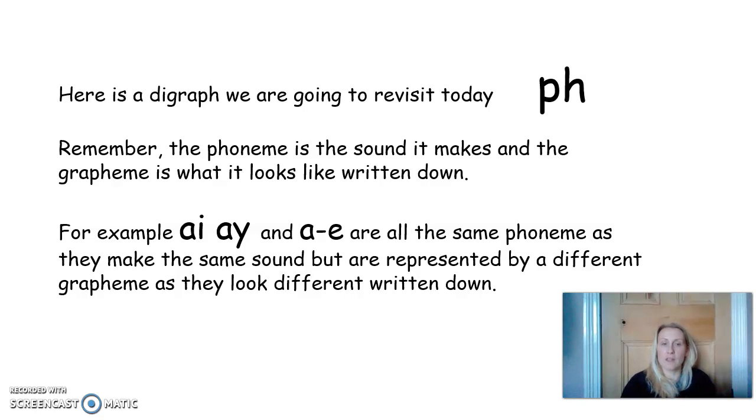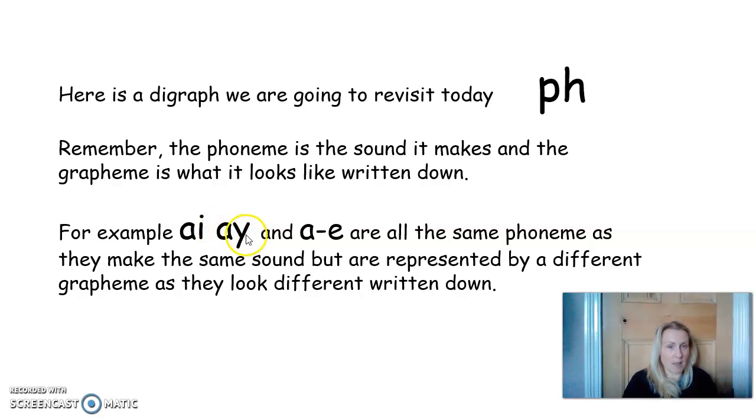So if we look at these words here, these sounds a, and a, they are all the same phoneme because they make the same sound, but they're all represented by a different grapheme as they all look different when they're written down. Because look, we've got a, i, but it still makes a.